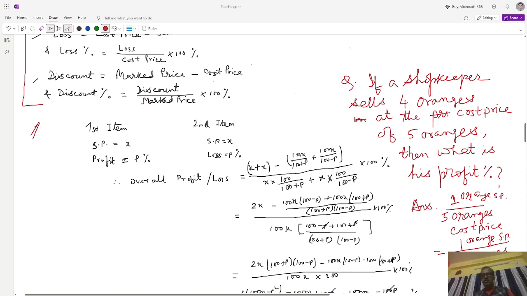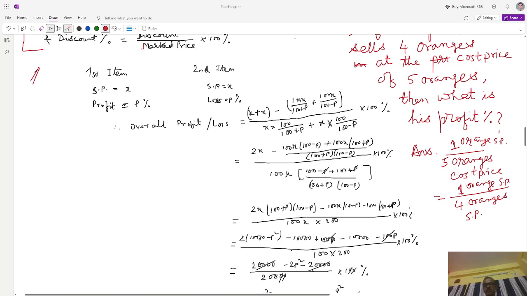Now the unit of numerator and denominator is equal, so it makes the exact ratio. This ratio is equal to 1 by 4. If we want to convert it into percentage, then we have to multiply by 100 and put the percentage symbol.